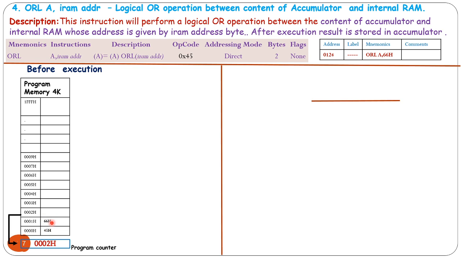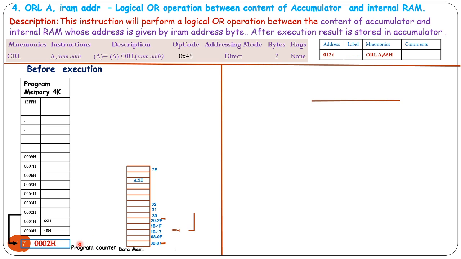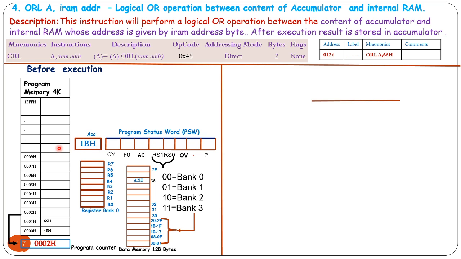These two are logically ORed. For this instruction, the program counter now has 0002H. So this is the content of the program counter register. In data memory, that is random access memory, address 66 has A2H, and the content of the accumulator is 1BH. So this 66H content and 1BH are logically ORed.